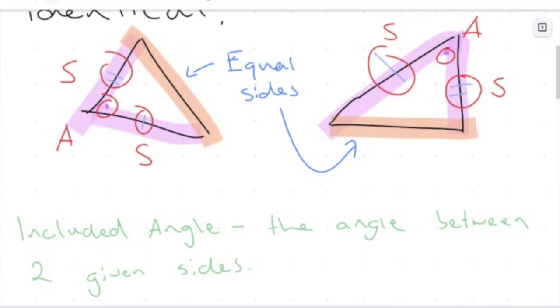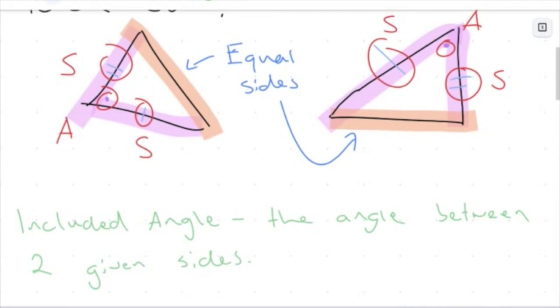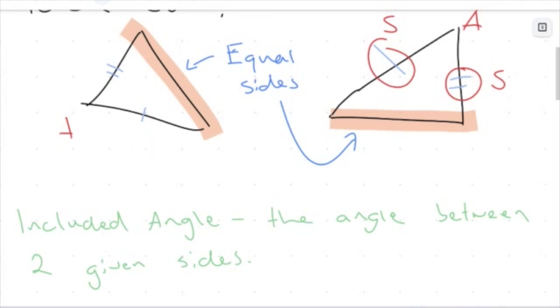Now, why are we looking at this one? Well, if we did not choose this angle, let's say instead of this angle, let me rub this out. Let's clean this up a bit.